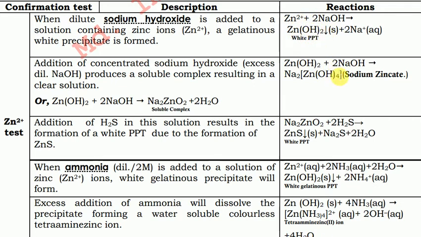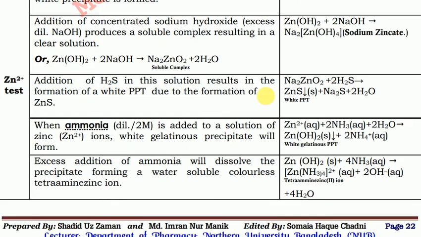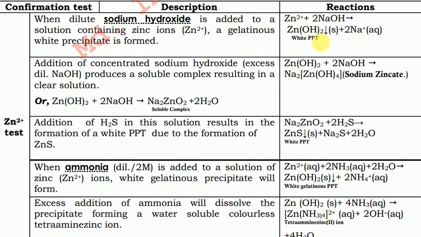dissolved due to the formation of a complex known as Na2ZnO2, or sodium zincate. Okay, now we have to take another sample solution, in the solution which was treated with sodium hydroxide and produced white PPT of zinc hydroxide.